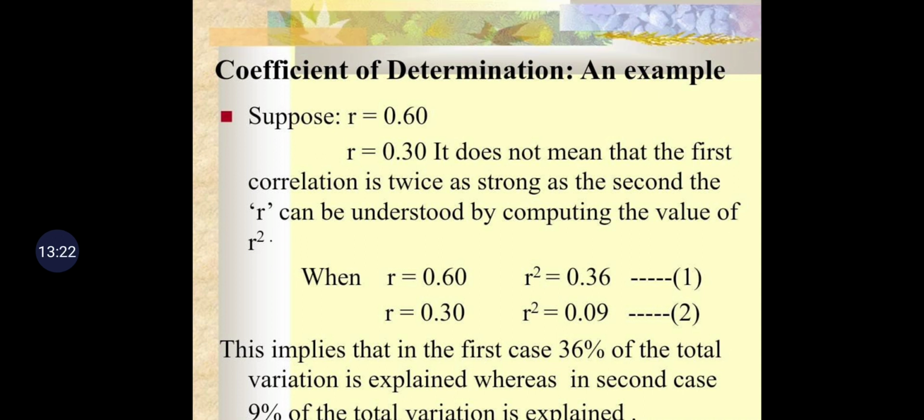This implies that in the first case 36% of the total variation is explained, whereas in the second case 9% of the total variation is explained.